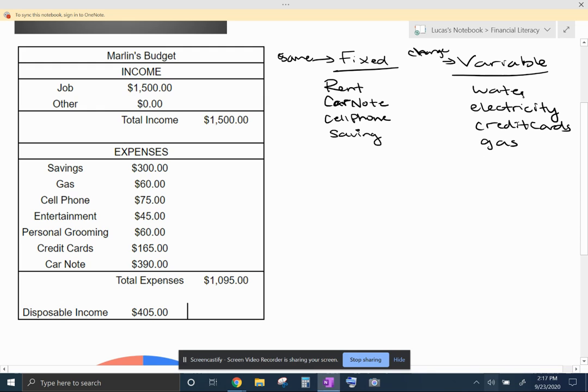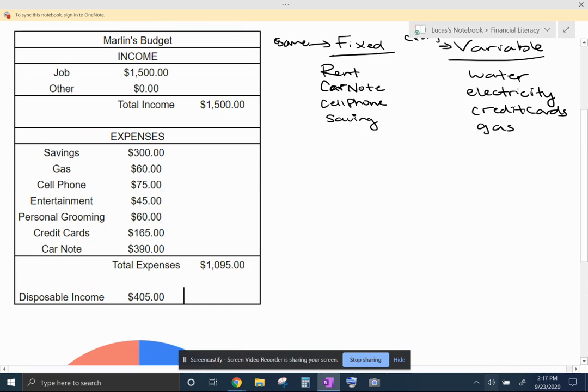These are different things. These change every month. And so that's why they're called variable expenses. So fixed expenses stay the same every month. Variable expenses change almost every month, if not every month.